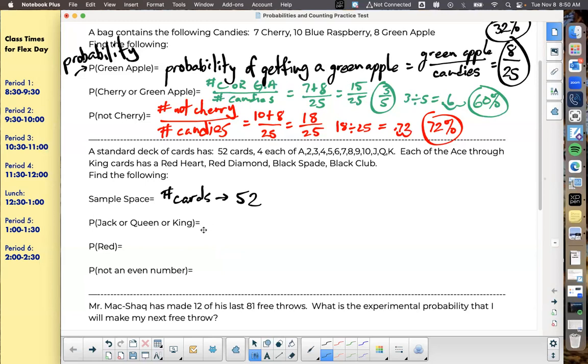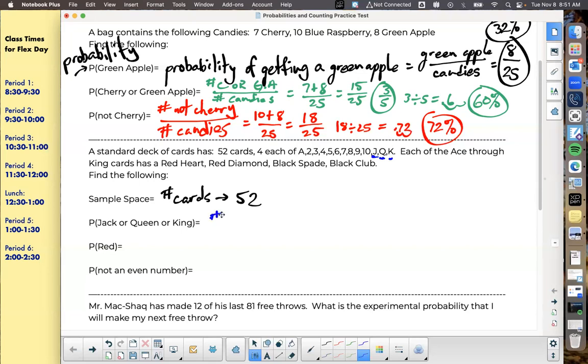Okay, probability that when you draw a card, you get a jack or a queen or a king. Those are actually called face cards, but I didn't want to write face card on there because I wasn't sure if you'd know what that meant. So probability jack, queen, king. Well, it says there are 4 of each type of card. And so that means there's going to be 4 jacks, 4 queens, 4 kings.